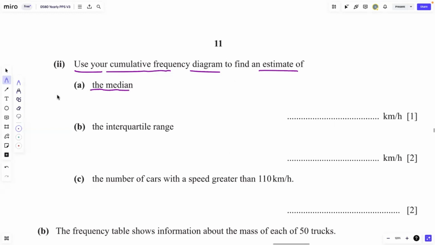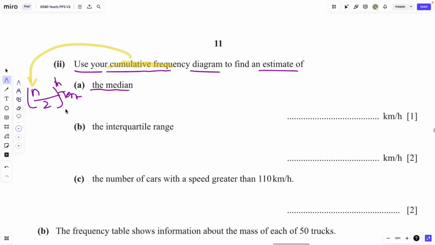For the median, the formula that we used in the stem and leaf question was n plus 1 over 2. But here we'll not do n plus 1, we'll just do n over 2, because on a cumulative frequency curve, you just do n, not n plus 1, in each of the formulas of median, upper quartile, and lower quartile.